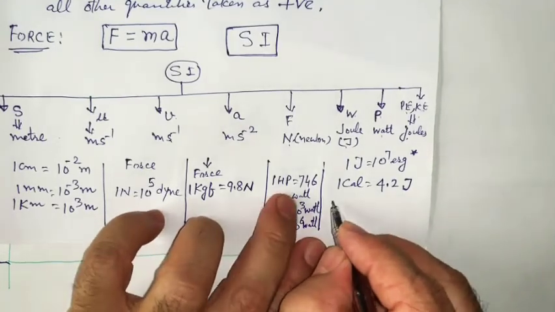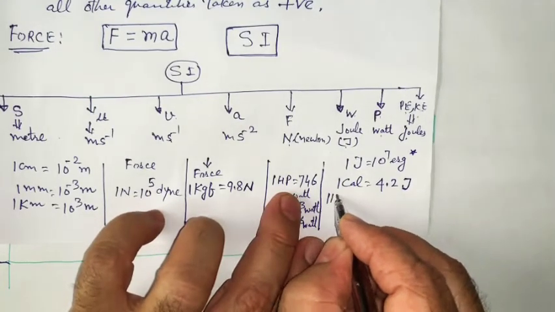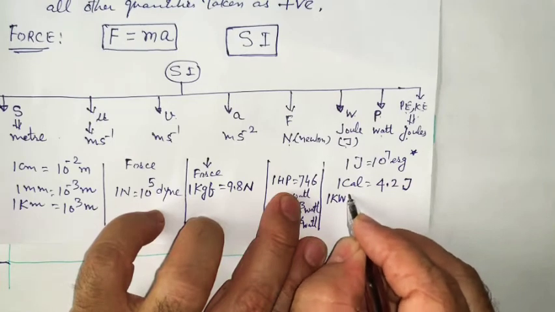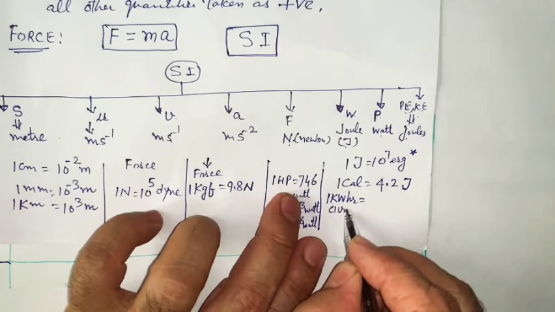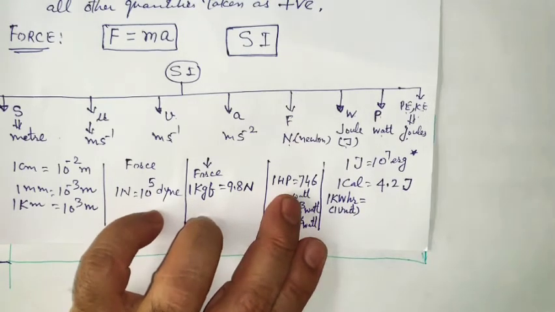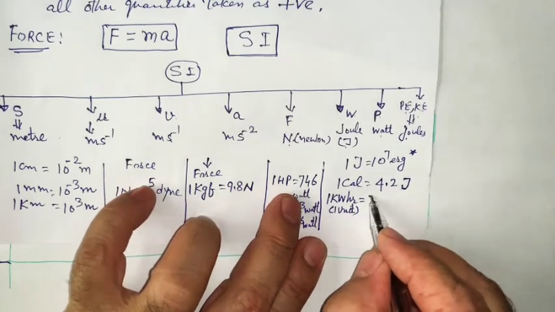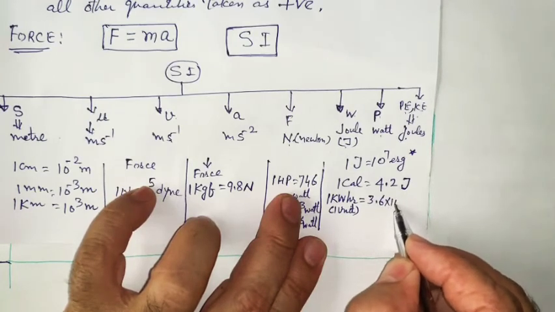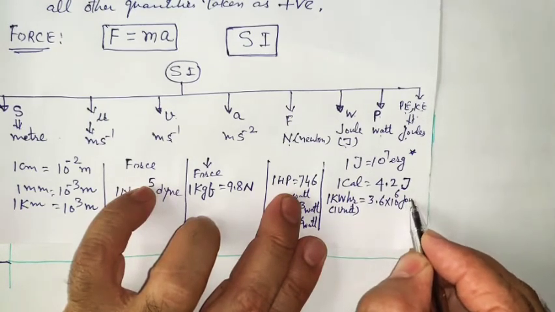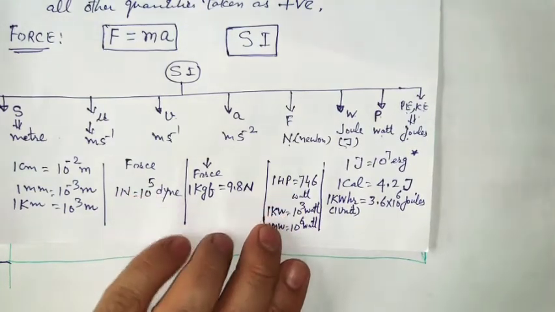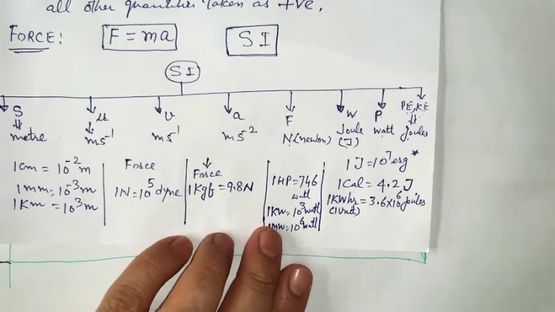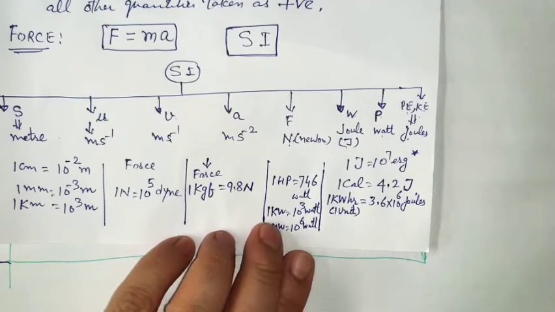Then you have 1 kilowatt hour. This is known as 1 unit. This unit is mostly used in electricity. 1 kilowatt hour means 3.6 into 10 power 6 joules. If you are given energy in kilowatt hour, then how much do you have to put? 3.6 into 10 power 6 joules.